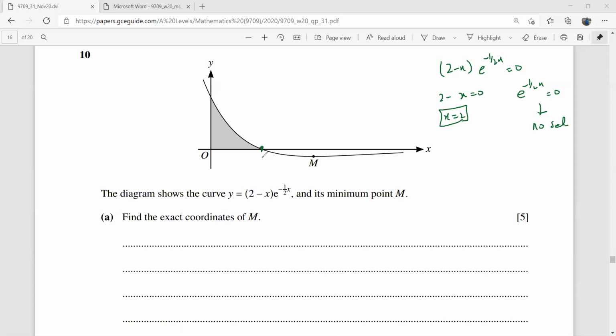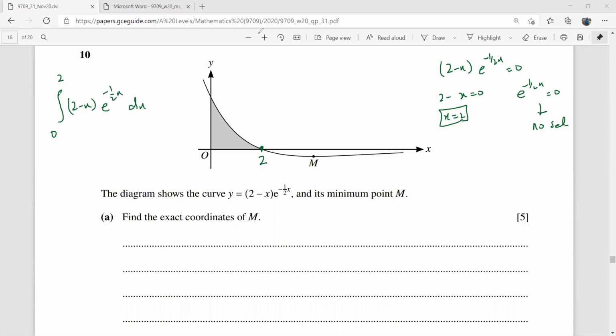So that means you have 2 over here. Now the area is going to be the limit from 0 to 2 of 2 minus x, and then e raised to power minus half x dx.